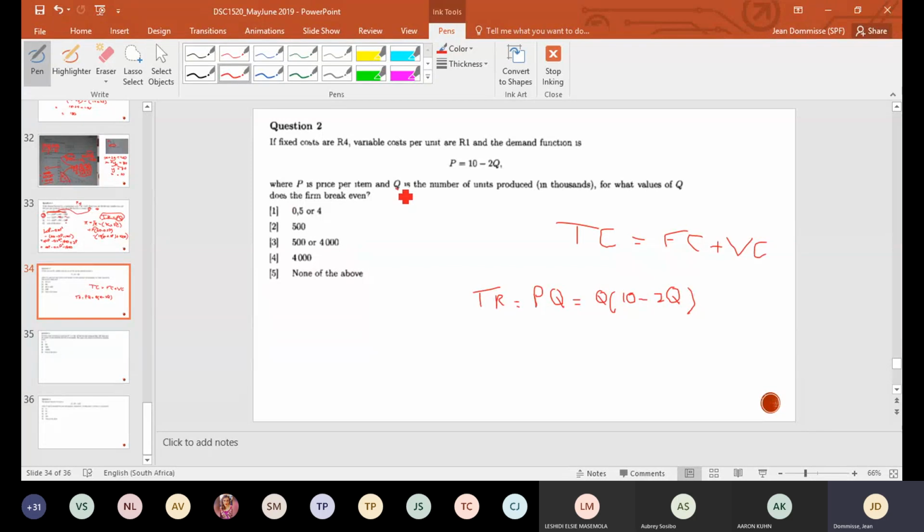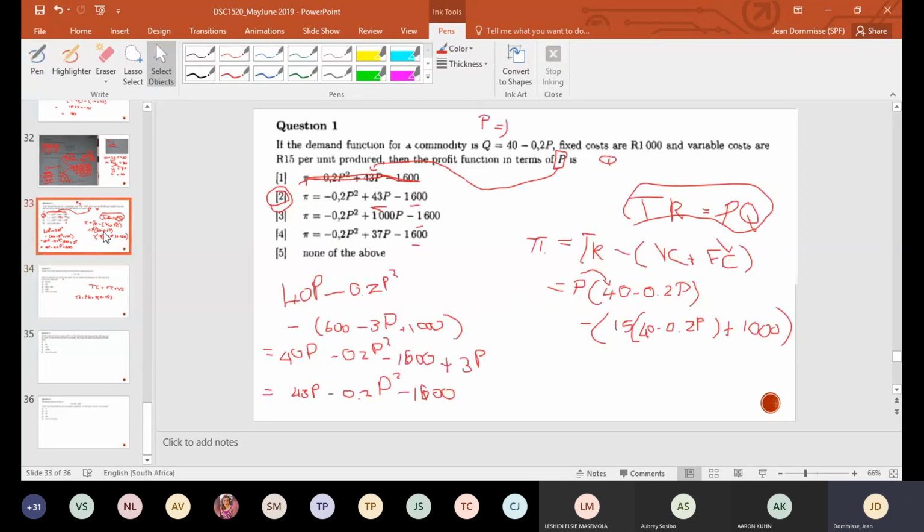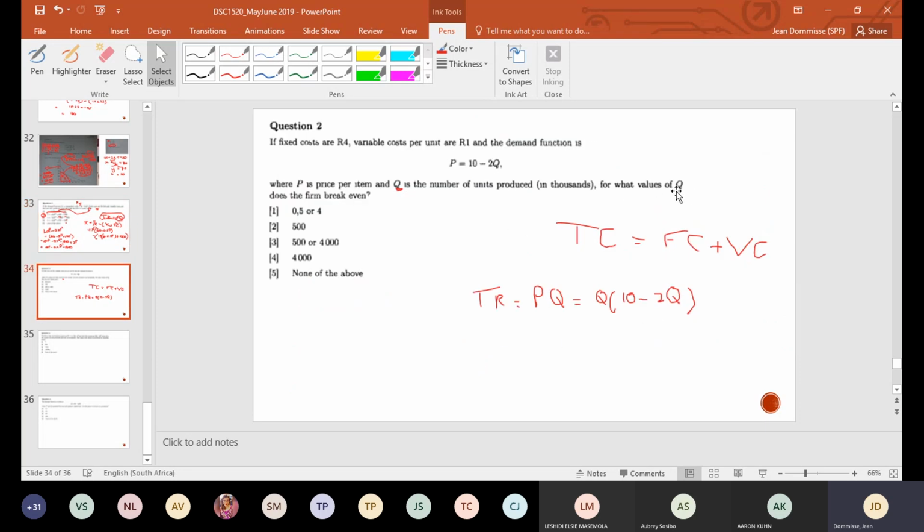I know that I now need to get to the Q, where the previous one I needed to get to the P. So where in the previous one I substituted to use the P, here I know my answer needs to be Q equal to something. So that's why I substitute in the Q.